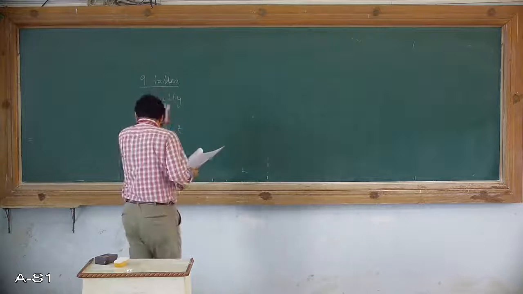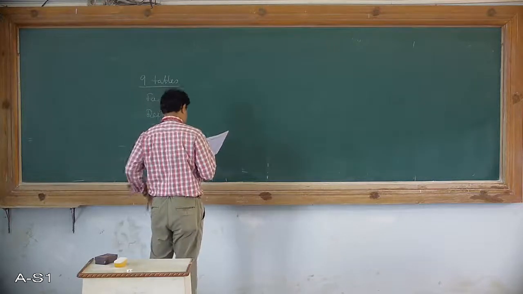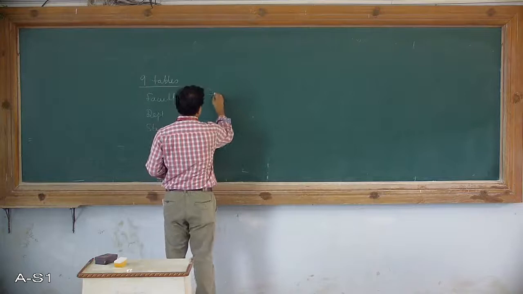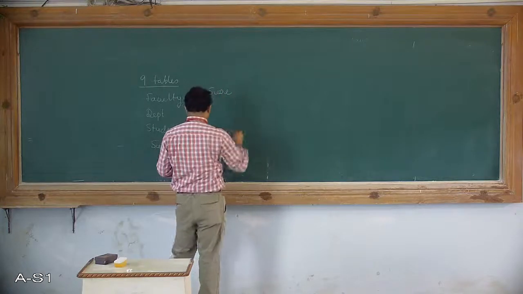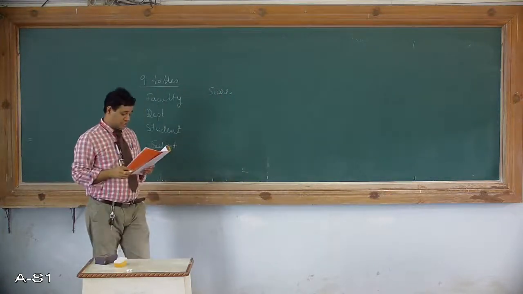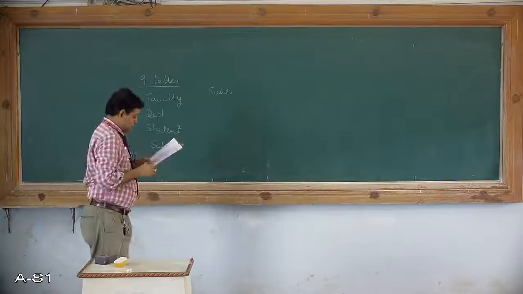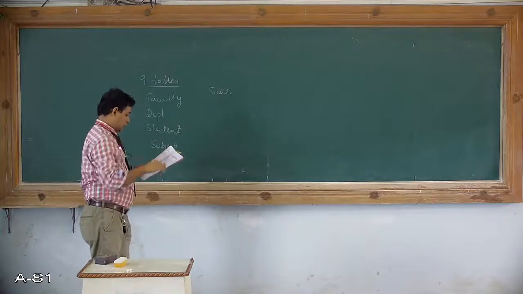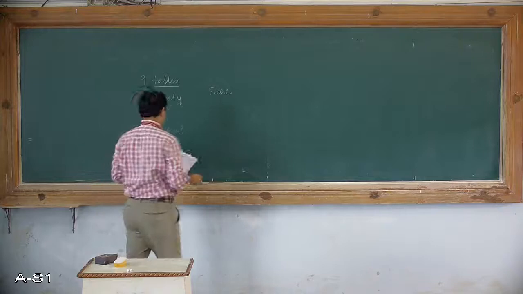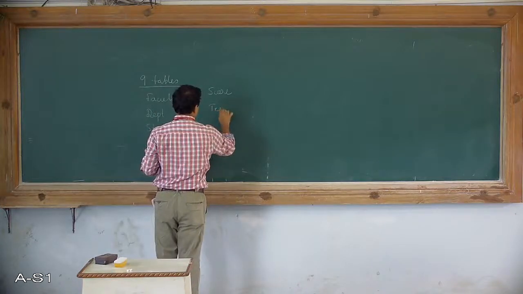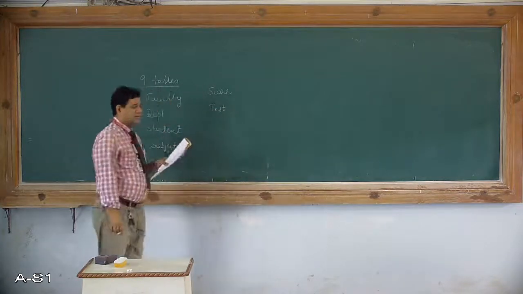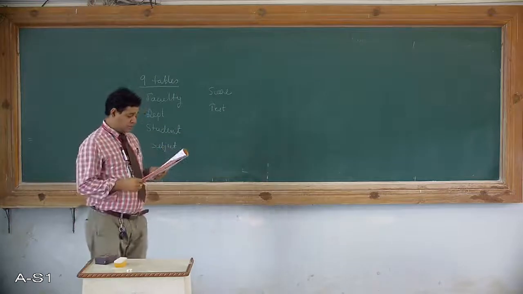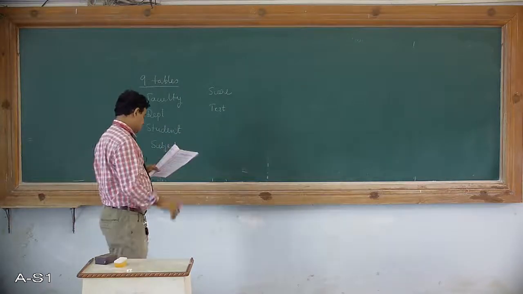Then the score, or marks, whichever is fine. Score is another table, which contains the score of the student in particular subjects. Then there is test, where the test number and test date are stored.